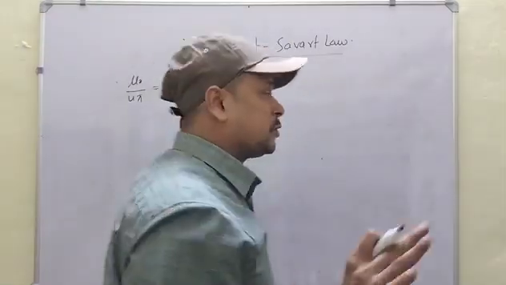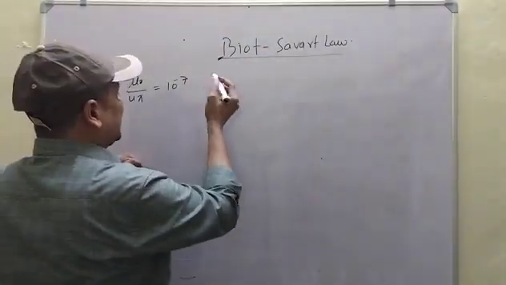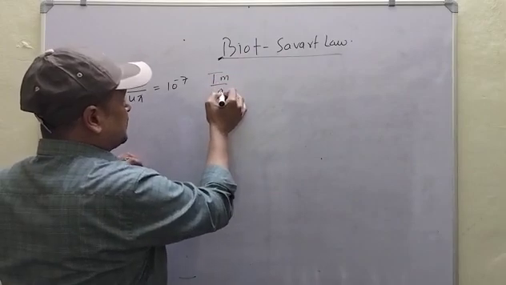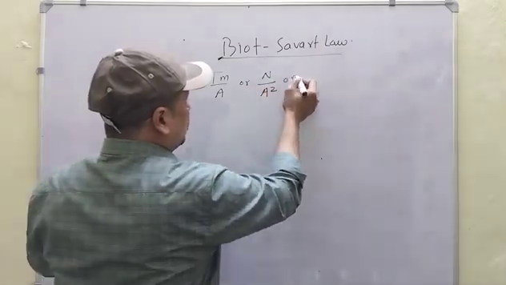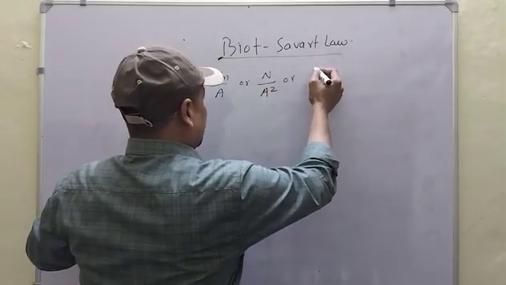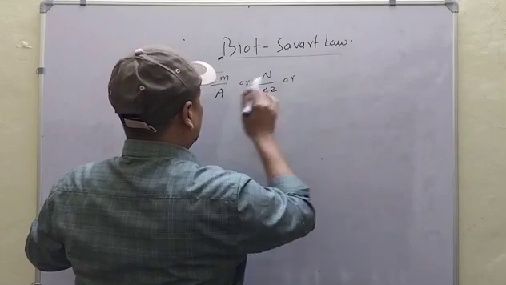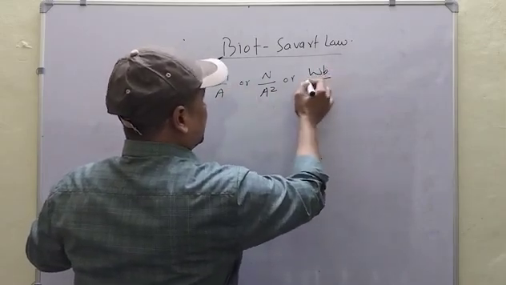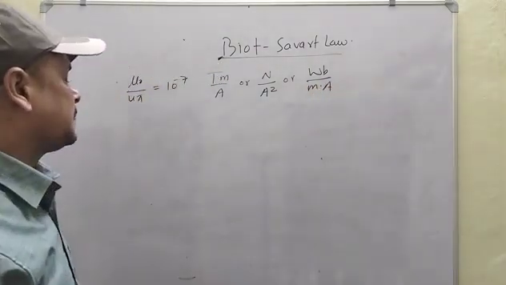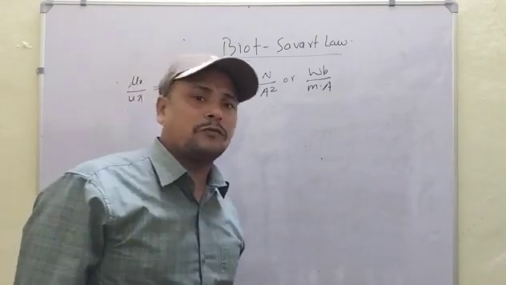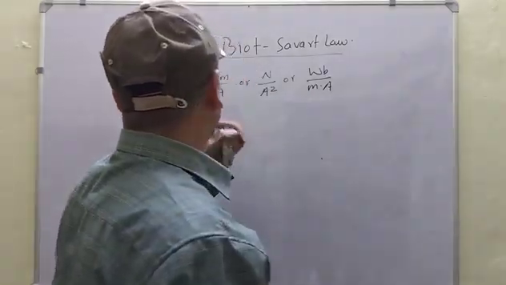And you should remember the unit, that can be Tesla meter per ampere, or Newton per ampere square, or Weber per ampere meter. These are the units of mu naught by 4 pi.